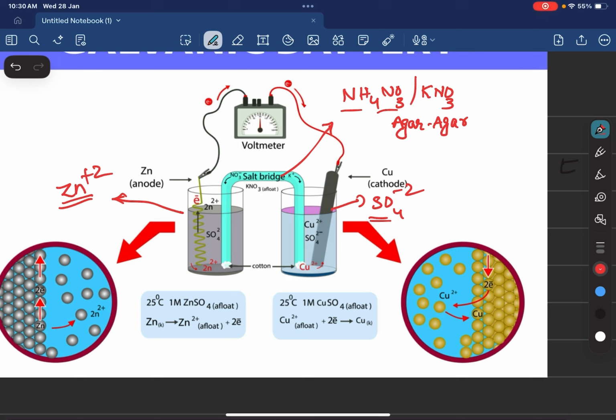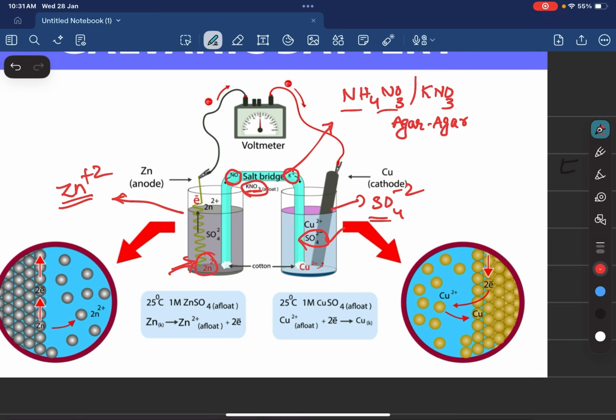So what is the work of the salt bridge? We just discussed. We are taking KNO3 in the salt bridge. It splits into K+ and NO3-. K+ ions move towards the cathodic chamber and neutralize the excess SO4 2- ions. In the same way, NO3- moves towards the anodic chamber and neutralizes excess positive ions.